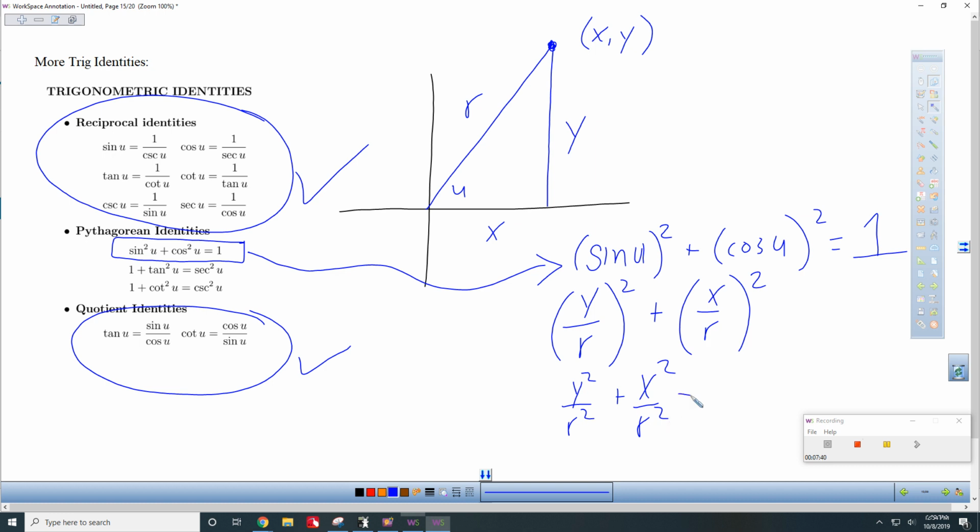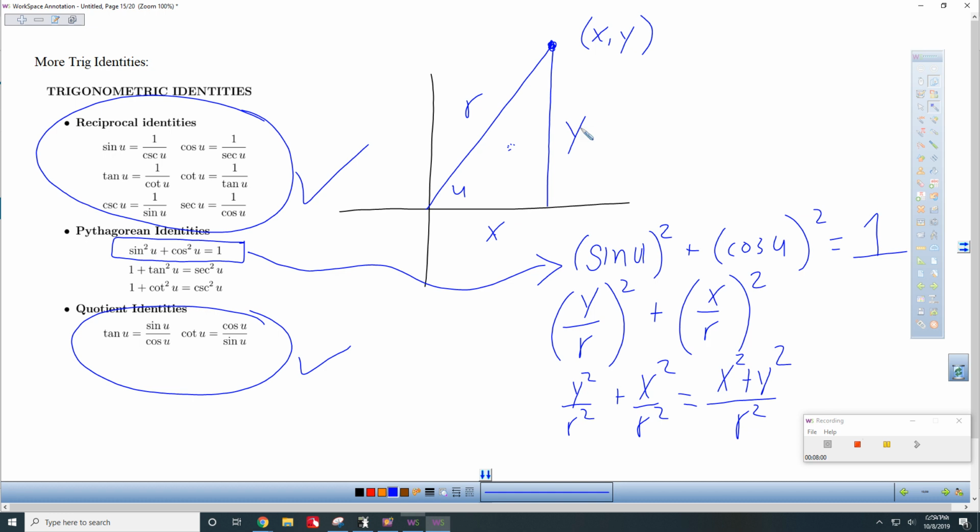Okay, now if we have the same denominator, we can combine them, right? So that is x squared plus y squared over r squared. However, look at your triangle and remember geometry. What is x squared plus y squared?